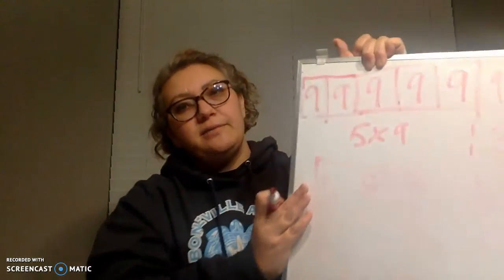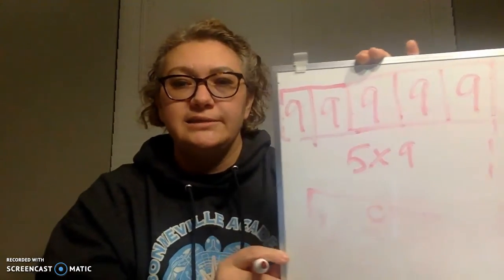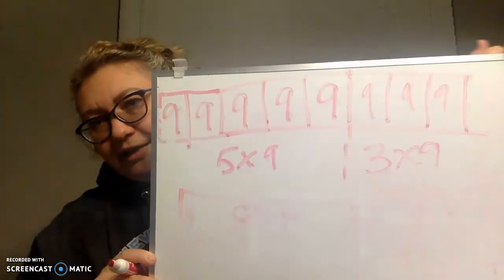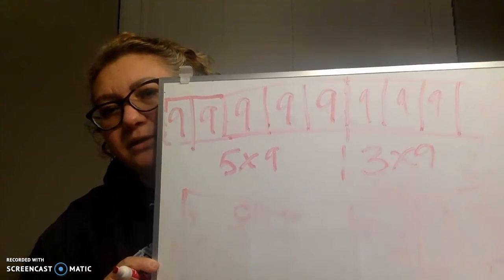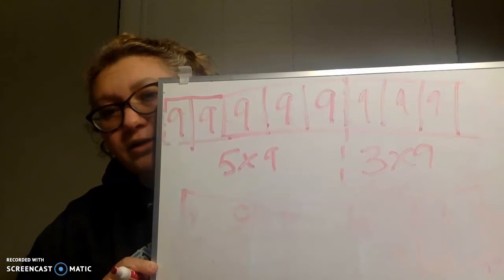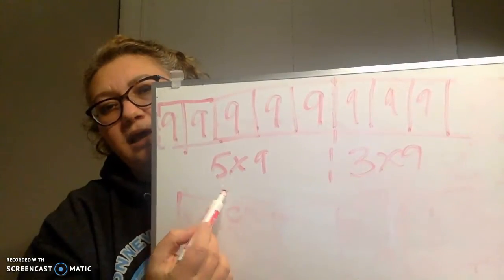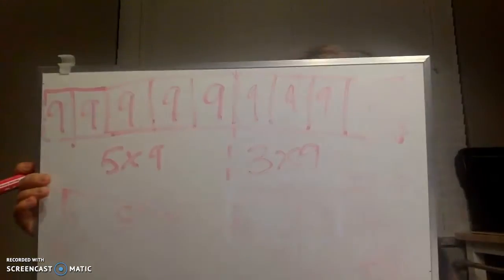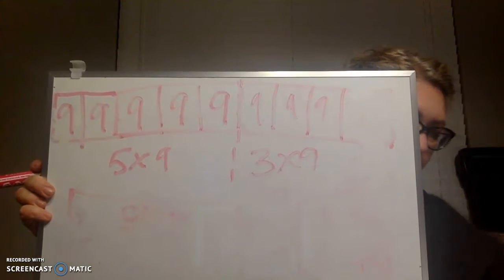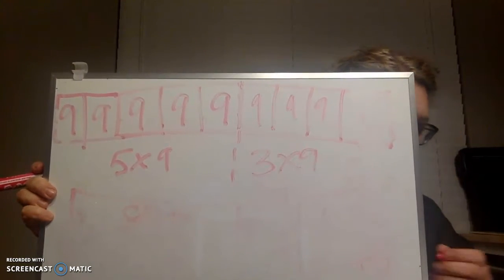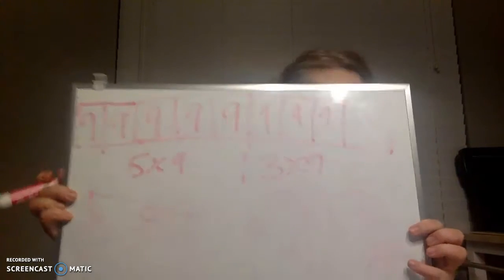If you're using your paper tape diagram, you can just cross out those 2 extra boxes. Okay, so we have 5 times 9 on this side, and 3 times 9 on this side. Now, it says how many, so we know that there are 8 boxes. 5 plus 3 equals 8.